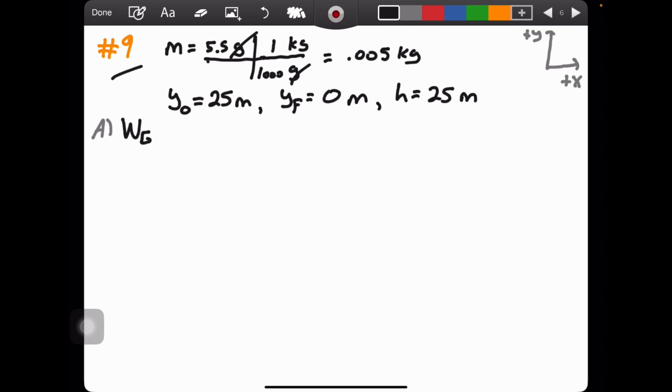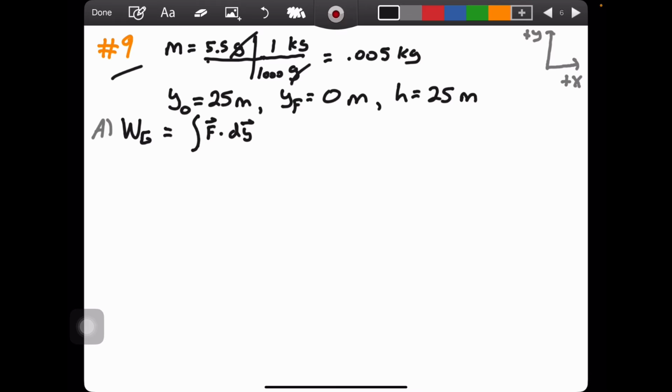The work done by gravity can be equated to an integral where we've got some force, and in this case the force is going to be the force of gravity, and more specifically it's just the force of gravity acting downward in the y direction. So I'm going to say a dot product with a position vector y, which is in the vertical direction.